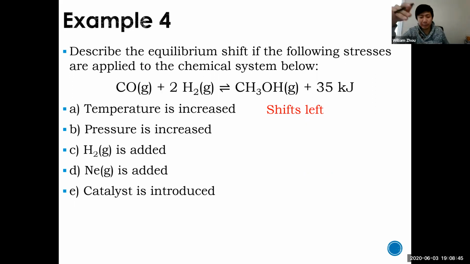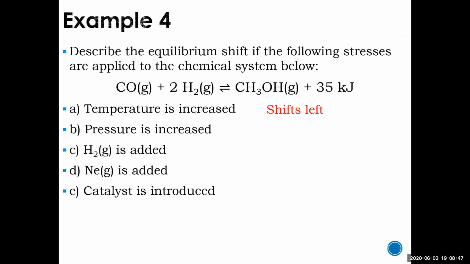How did you get that answer? When the pressure is increased. Like I got an example from the last example because the energy was in the products, and when there are more reactants, that's why I was thinking.